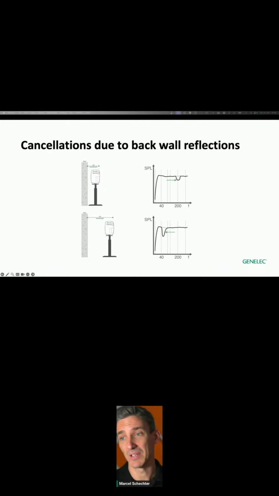So for example, at 200 hertz, the speaker already has good directivity for this frequency. So it's not that critical. But if we go further away, the quarter wavelength gets longer. So the further we go away, the lower we get. But also we get really, really deep notches that are really hard to handle.